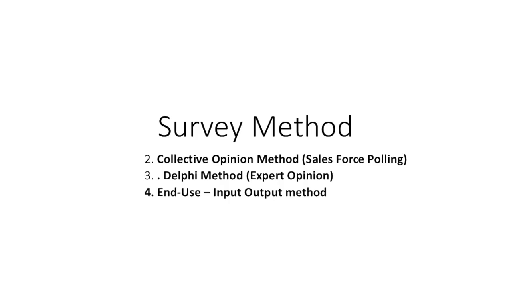Now, the input output quotient represents the quantity of an input needed to produce a unit of output. Suppose if you want to produce 1 ton of steel, which requires 0.8 tons of iron ore, the input output quotient for the iron ore in steel production is 0.8 divided by 1.